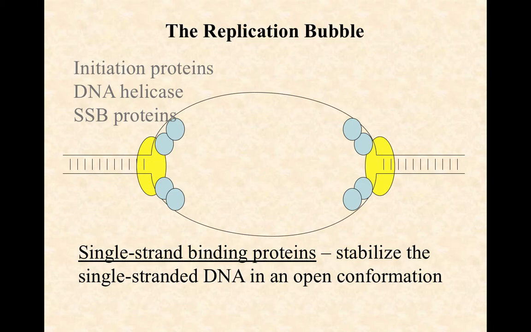And we use something called single-strand binding proteins, or SSBPs. So these single-strand binding proteins stabilize the single-stranded DNA in this open conformation long enough for the DNA polymerase to come in and begin reading those single-stranded regions and creating the new DNA.